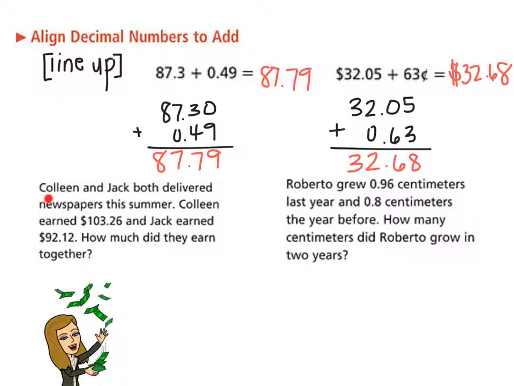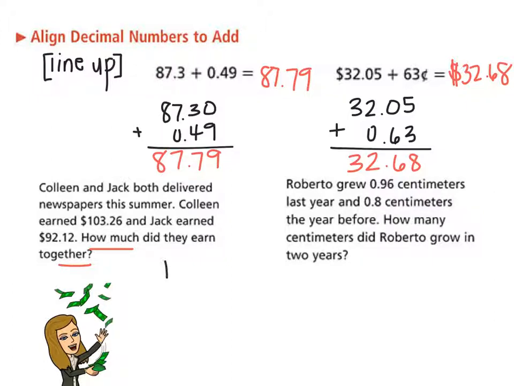This word problem says, Colleen and Jack both delivered newspapers this summer. Colleen earned $103.26, and Jack earned $92.12. How much did they earn together? Okay, so earning together, how much together? This is an addition problem.